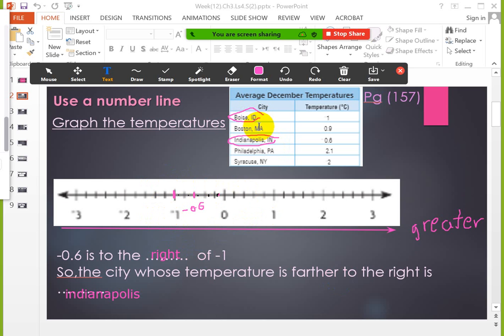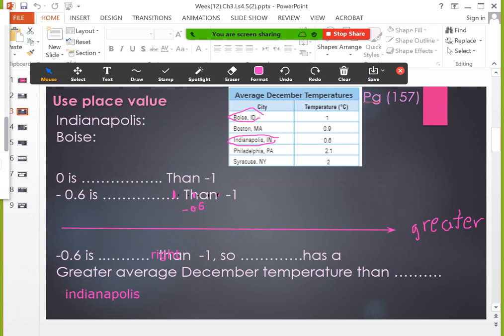Okay, girls? So let's move to another example. You will find this lesson will be very easy for you because we compared numbers before. So let's see now Indianapolis.